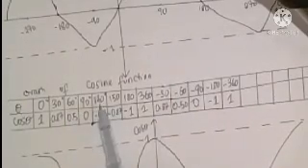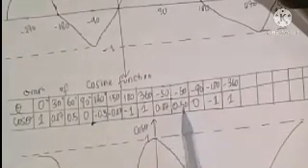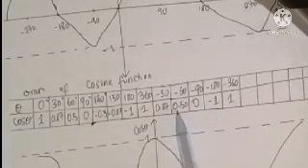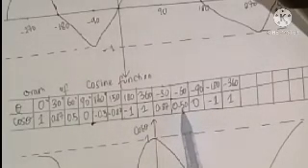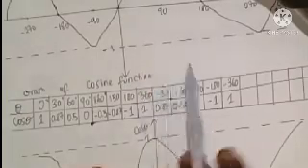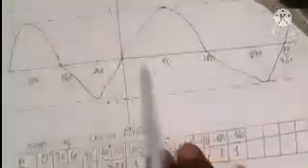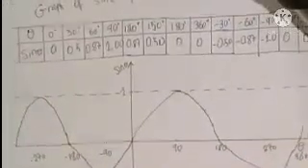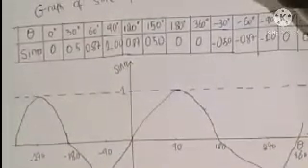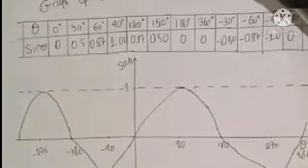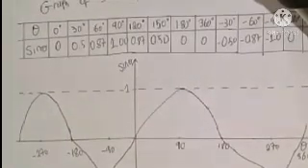Here cos 120 is negative 0.5. Cos negative 120, we didn't have it yet, but if you check in your calculator, we see negative 0.5. However, with sine, 120 is 0.87, and sine negative 120 we do reverse, which is negative 0.87.